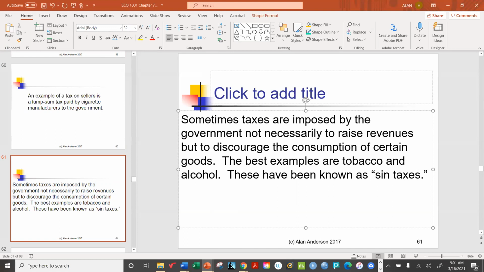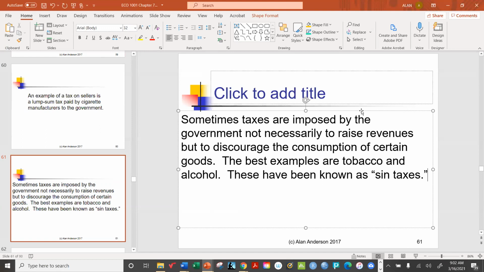But the bottom line here is that these taxes are not necessarily aimed at raising revenues, but instead just keeping the consumption of tobacco and alcohol down to a minimum. They're never going to come along and say, listen, you may not smoke at all. You may not drink at all. That would be going too far. But instead, what they can do is try to make it more costly to smoke and drink. And therefore, they're hoping that by doing that, that's exactly what will happen.